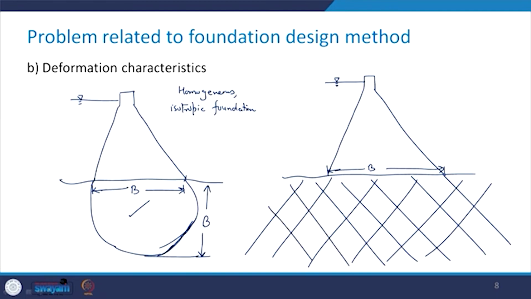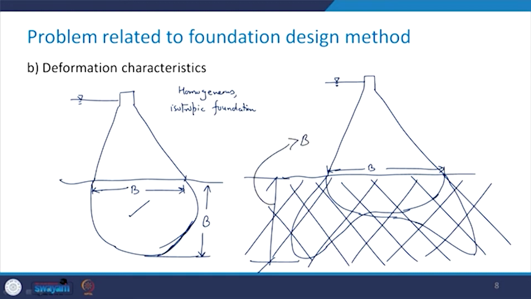The pressure bulb can be something like this, or it can be something like this, and its extent can be much larger than its width B. So, this is the situation if you have a heterogeneous or anisotropic foundation.